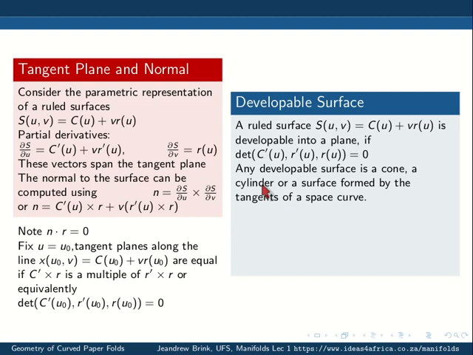A cylinder is not just a round cylinder, you basically can take any curve and you can make your paper into a sine wave as well. That's a valid cylinder. And the surface formed by tangents of the curve is what you wanted to do right at the start. So suppose I have a curve and I have a whole bunch of vectors that are its tangents. That will make me a developable surface as well.